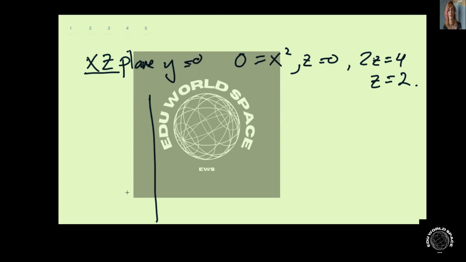All right, so let's draw what's going on. We've got x is equal to 0. Z and x are equal to 0. And we've got z is equal to 2. Okay, so looks a little weird.